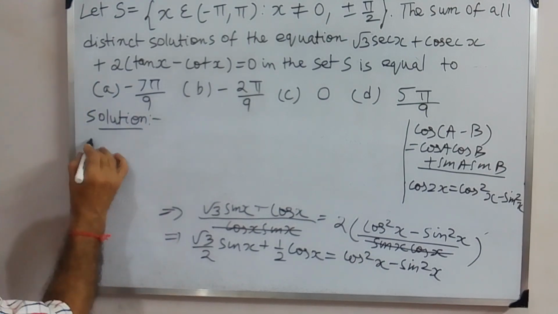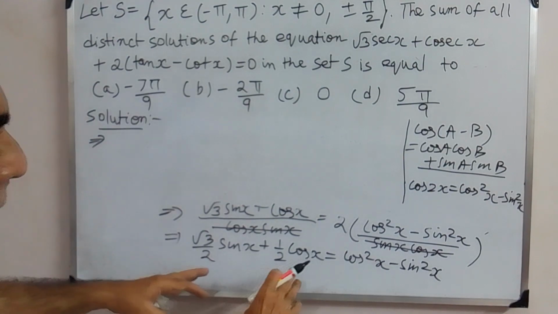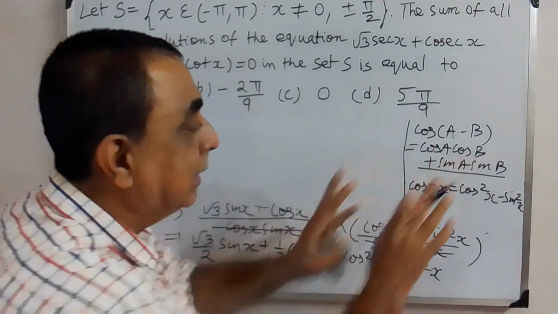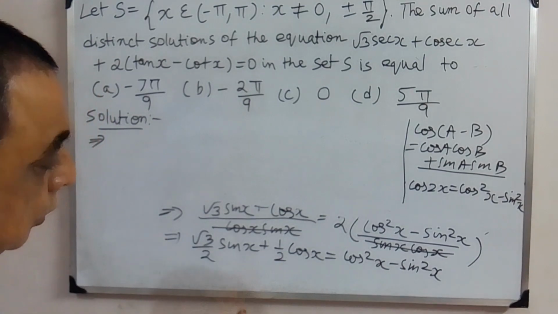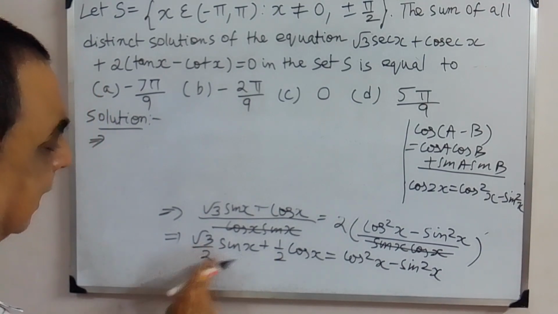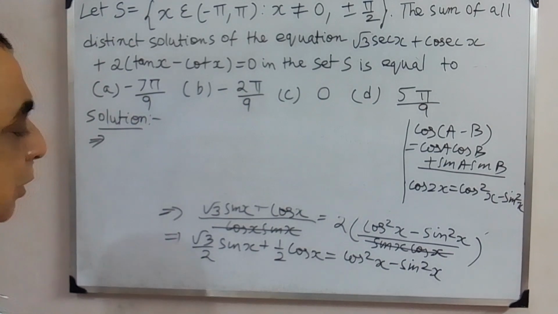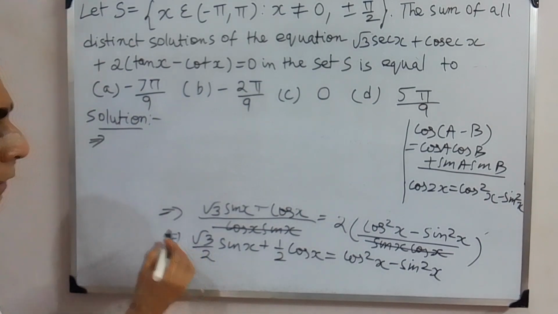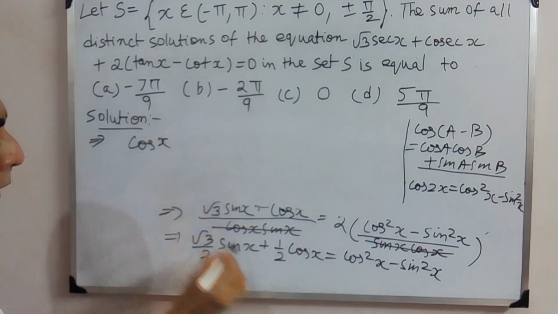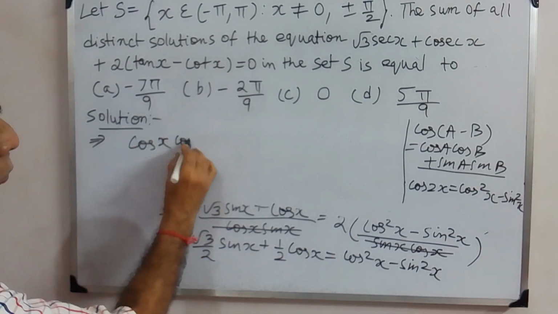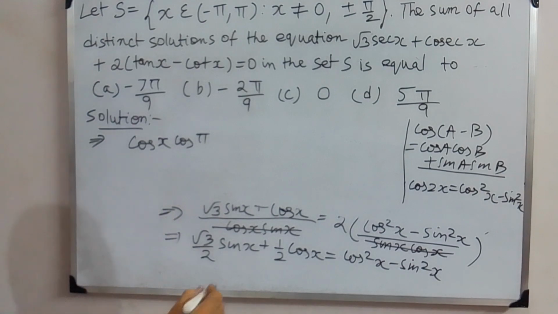So here first I am changing these into the form so that I can use this formula. So half, I am writing this first. Half value is cos, so cos x I am writing first. And half value is cos what?